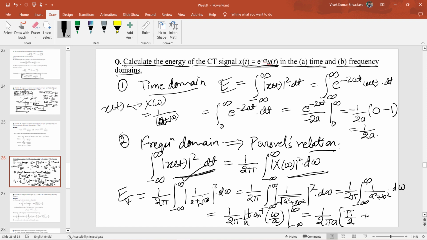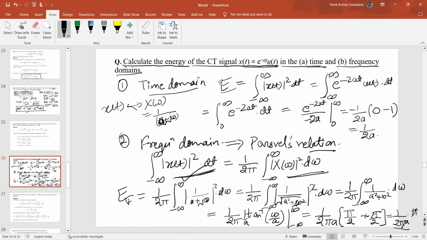So minus and minus will make this plus, and the expression is 1 over 2 pi a into pi. So pi and pi will cancel, so the final value of energy in frequency domain will be equal to 1 over 2a.